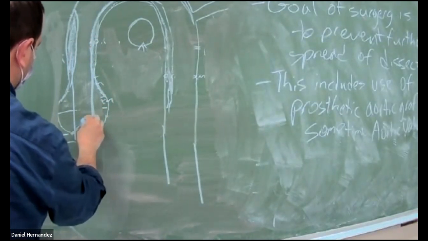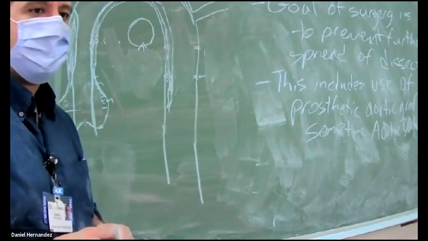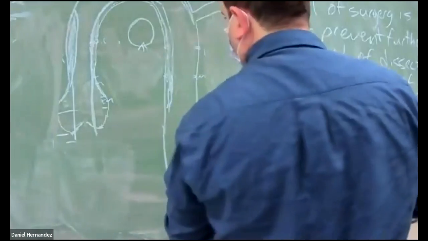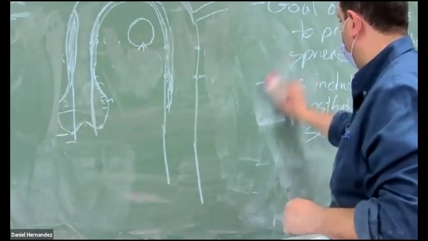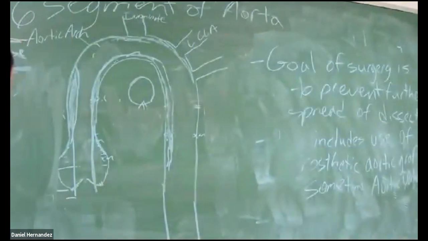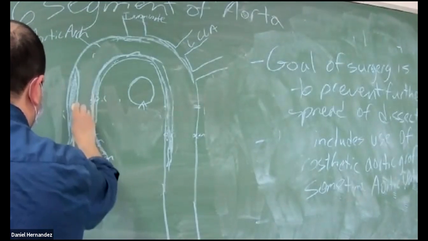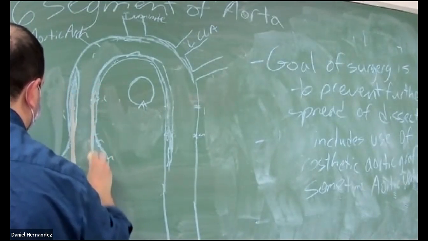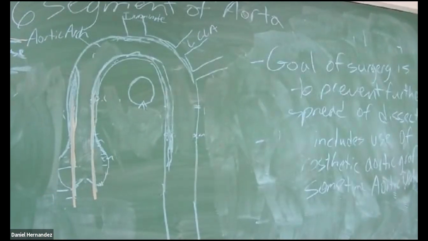And they'll have to put in a new valve within that graft as well. So when they put in that synthetic graft to repair the aneurysm, depending on how far down it goes, they may need to replace the valve as well.